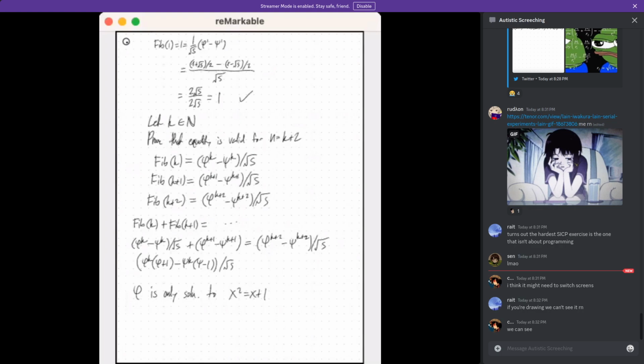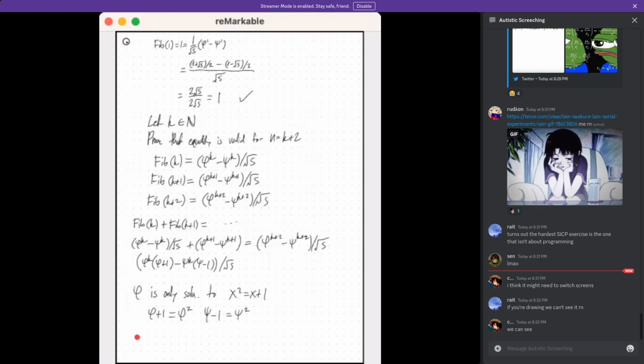So we know that this phi plus 1 is going to be equivalent to phi squared. And I believe the same is going to hold for psi here, where, excuse me, psi minus 1 is psi squared.